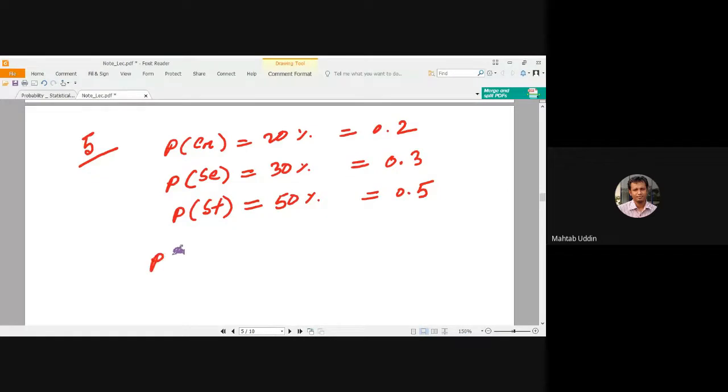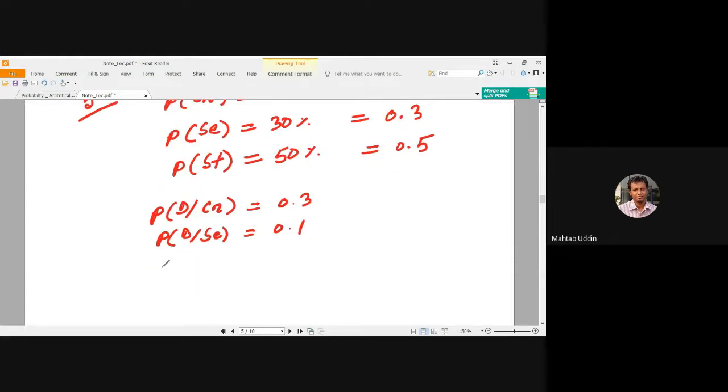Probability of die under critical is 0.3, under serious 0.1. It is very unfortunate that 1% of the stable patients die because there may be some very unusual actions. These are the probabilities of dying for different categories.